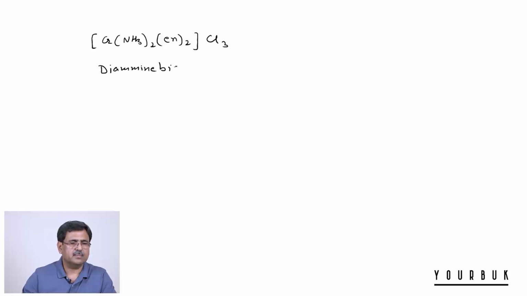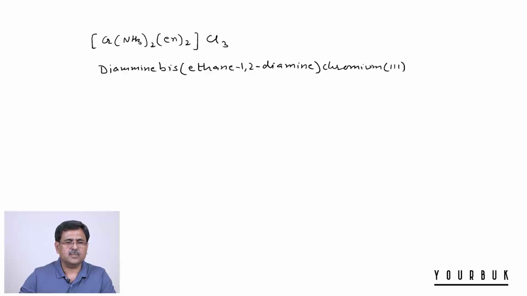Then we write bis. In bracket we write ethane-1,2-diamine. Then we write the name of the metal, chromium, followed by its oxidation state III. Then the name of the anion, chloride.